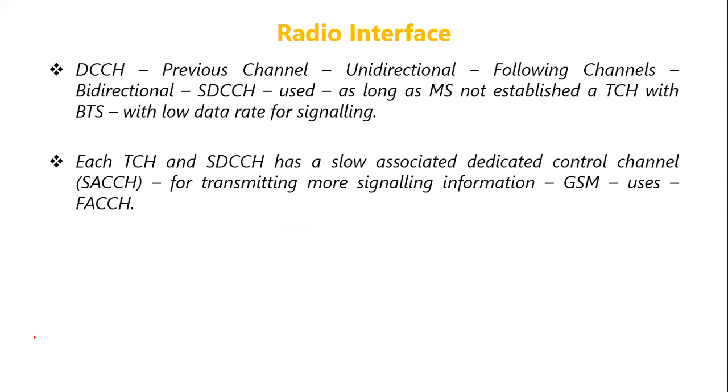If there is no collision, then the BTS uses the access grant channel, AGCH, to inform the MS that it can use the TCH, traffic channel, or SDCCH for further connection setup.